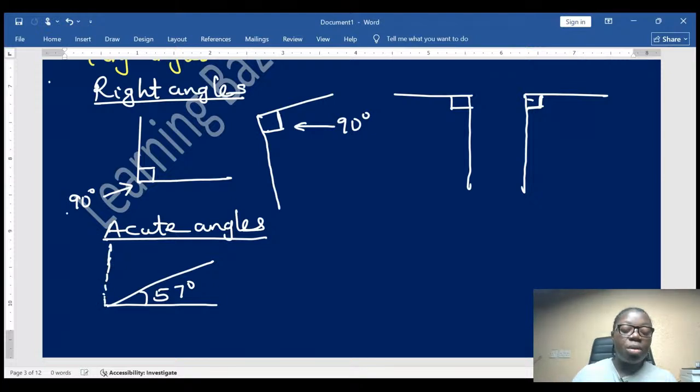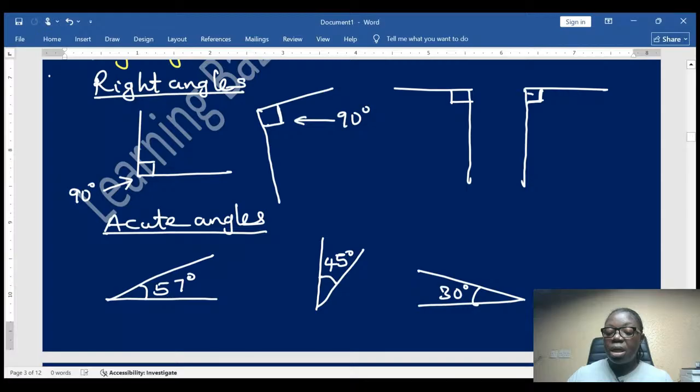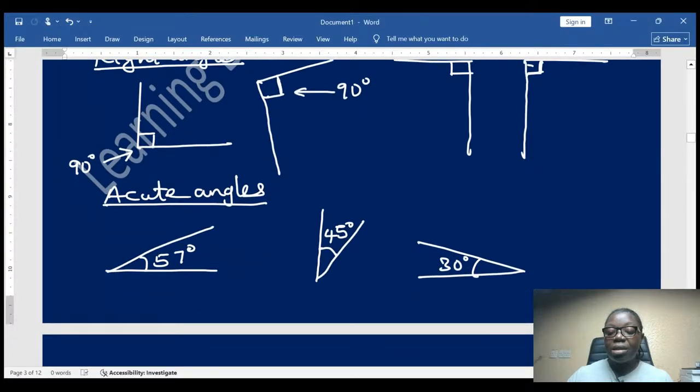I'm using broken lines to form what the 90 degrees should look like. Anytime you see an angle like this, this can also be 45 degrees. It can also be drawn this way to show you that this is 30 degrees. All these angles are acute angles. They just have to be less than 90 degrees.